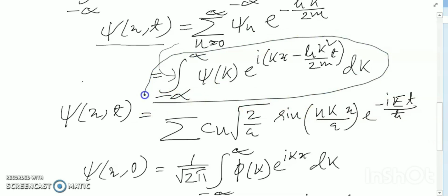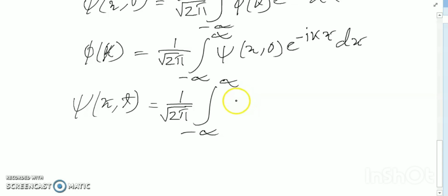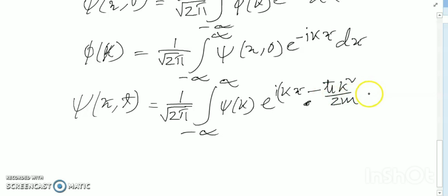This value I will write as 1 by root over 2 pi times the integral from minus infinity to infinity, just putting the value: psi k e to the power ikx minus h bar k square divided by 2m times t, dk. I am just putting this phi k value in here.